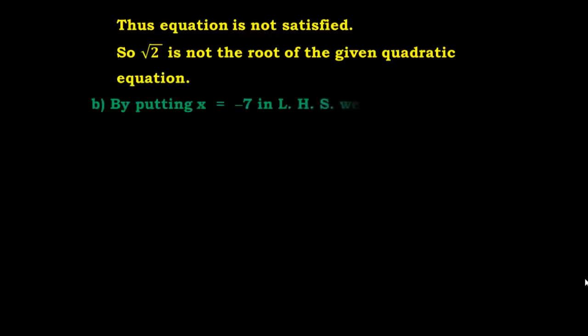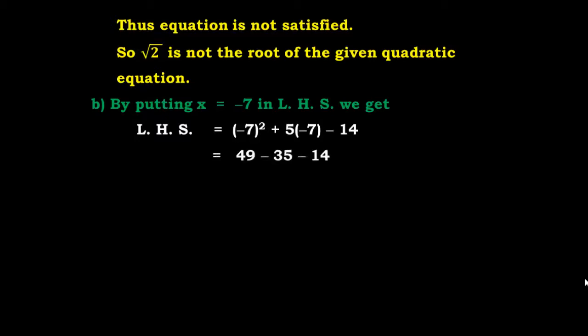Now see the second value. By putting x is equal to minus 7 in LHS, we get minus 7 the whole square plus 5 into minus 7 minus 14. Instead of x we have to place minus 7. Minus 7 the whole square will become 49, plus 5 into minus 7 is minus 35, minus 14.